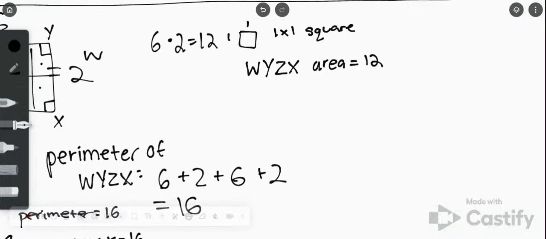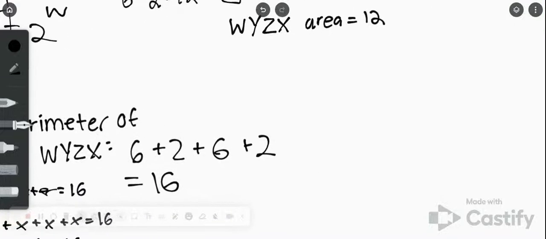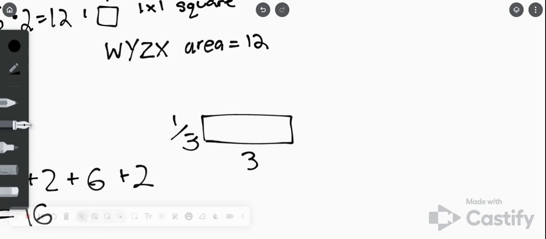Now, for my next example, I'll be showing a different rectangle. This is 3 by 1/3. Now, if we were to times 3 by 1/3, we would get 1 for the area.